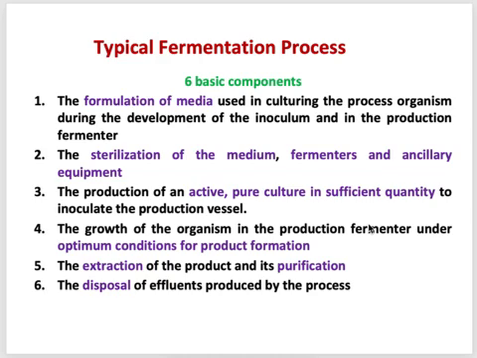In the last portion of the second part, I told you that there are six basic component parts of a typical fermentation process: formulation of the media, sterilization of the media, fermenters and all the associated ancillary equipment, producing an active pure culture in sufficient amount, setting all the optimum conditions for optimum growth and production, extracting and purifying the product, and finally proper disposal of the effluent.